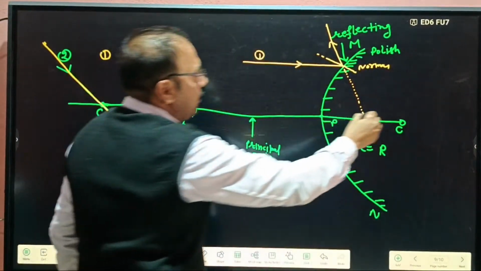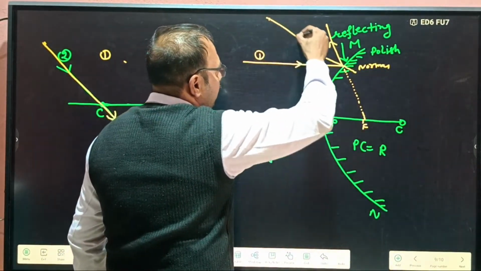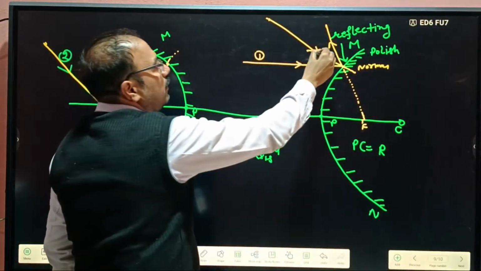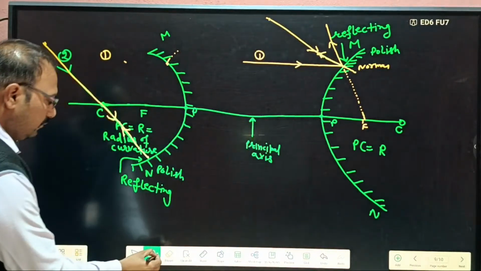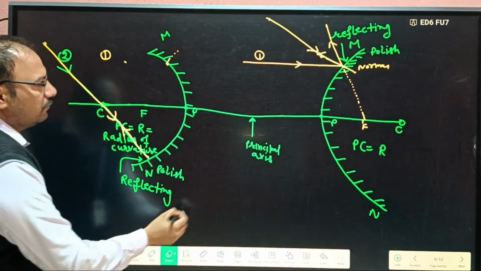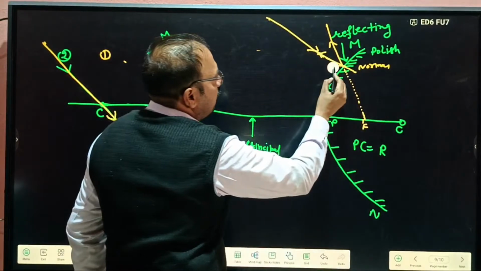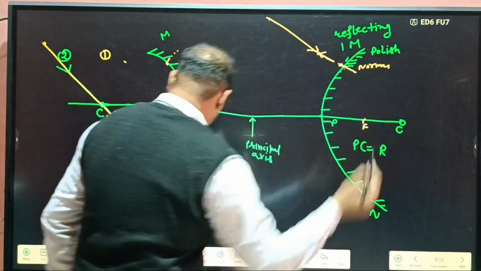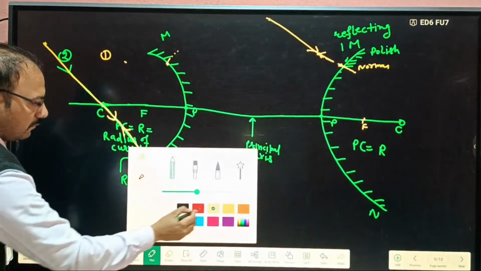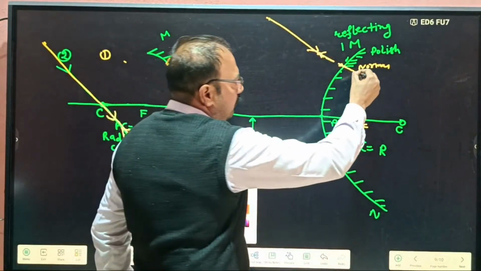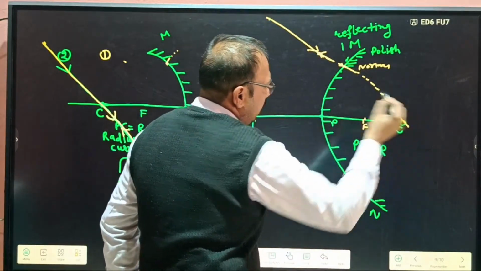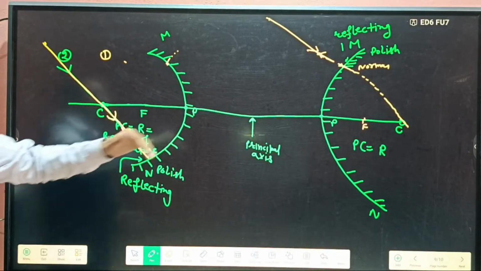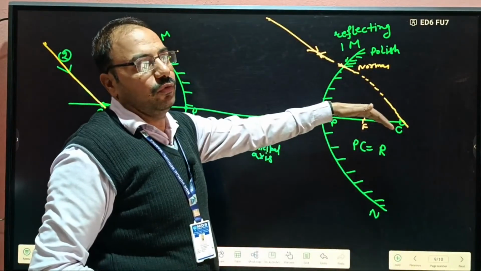If it comes, for example, in the direction like this, it is reflected back in the same direction. So this is the second rule: when a ray of light comes in the direction of C, it passes back through C.